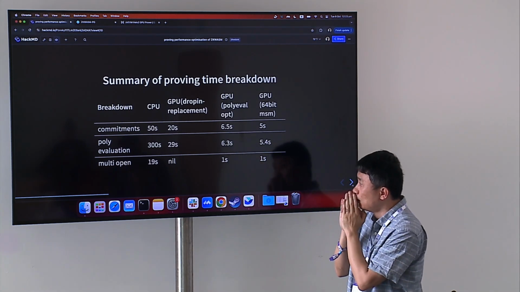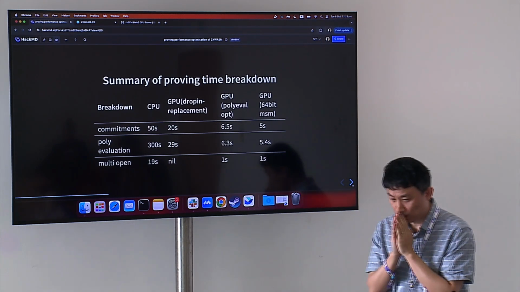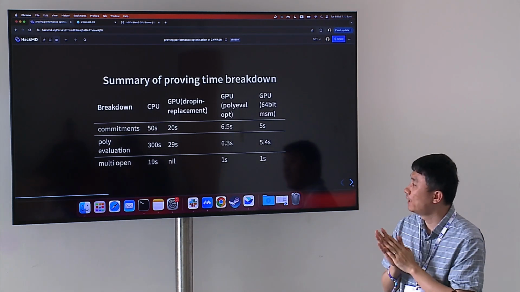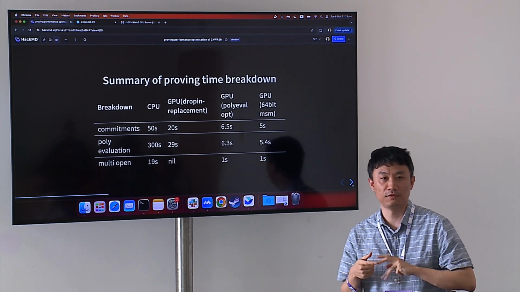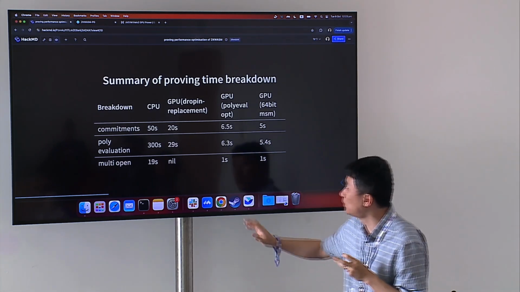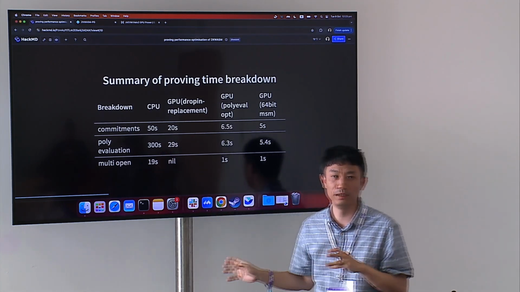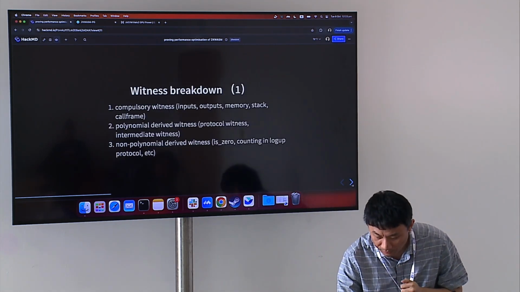So that actually gives a problem: you cannot make a circuit that is fast in CPU as well as fast in GPU, because in CPU, what we would like to do is reduce the polynomial degree and then push everything as intermediate columns.